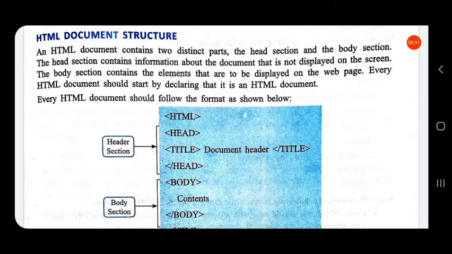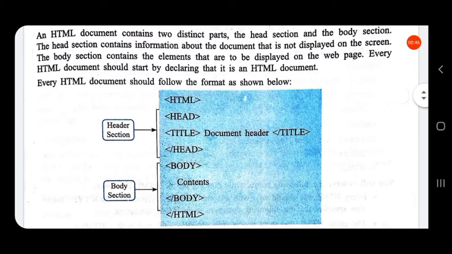Every HTML document should always start by declaring that it is an HTML document. It is done this way: it should start with an HTML tag. After the HTML tag, there can be a head tag and a body tag.